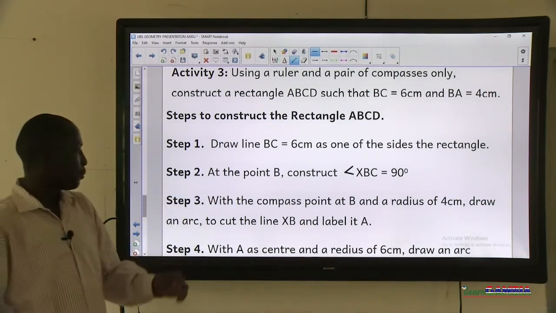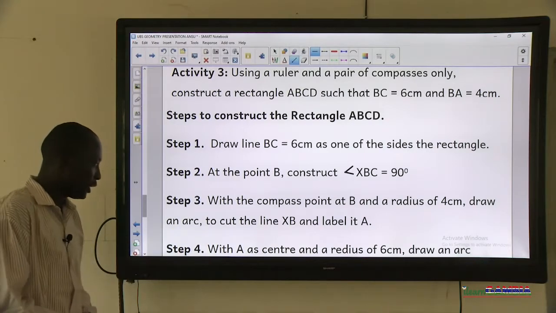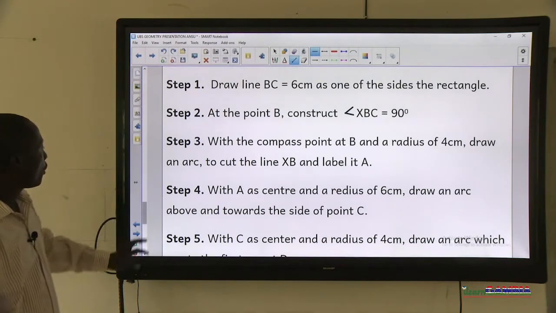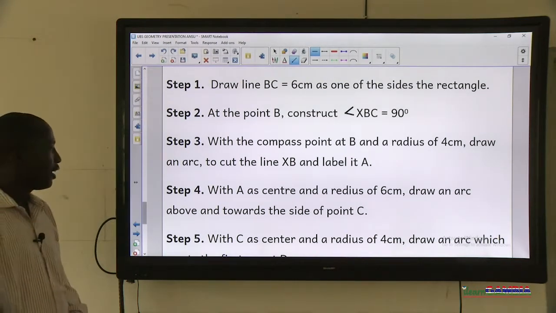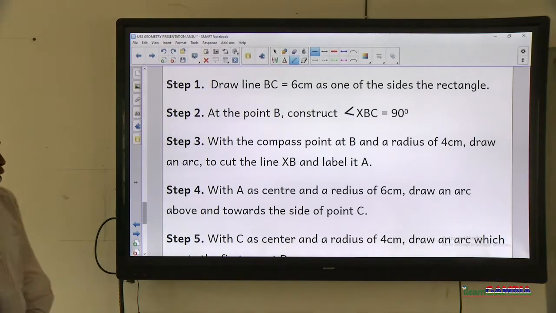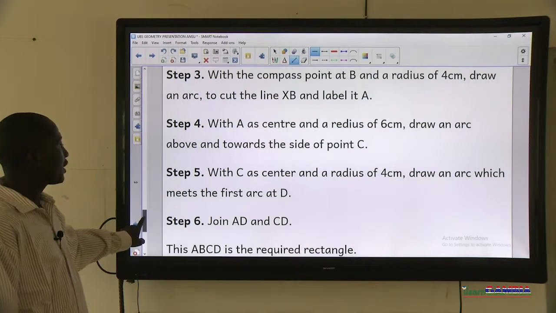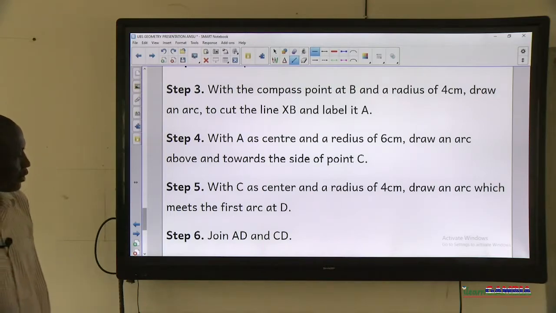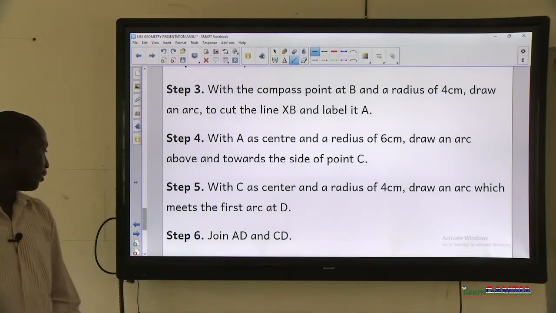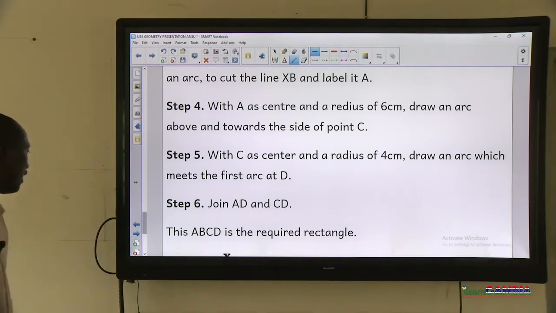Step 3: with the compass point at B and a radius of 4 centimeters, draw an arc to cut the line XB and label it A. Step 4: with A as center and a radius of 6 centimeters, draw an arc above and towards the side of point C. Step 5: with C as center and a radius of 4 centimeters, draw an arc which meets the first arc at D. Then join AD and CD.